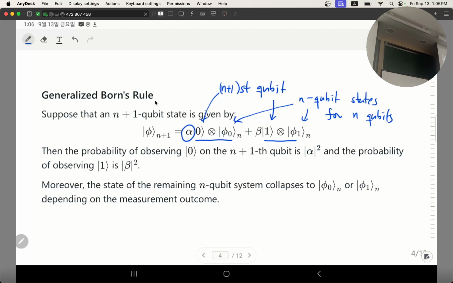And what happens to the rest of the qubits, the first n qubits, is that their state is going to collapse to phi 0. So by measurement of the n plus first qubit, you kill this superposed state.